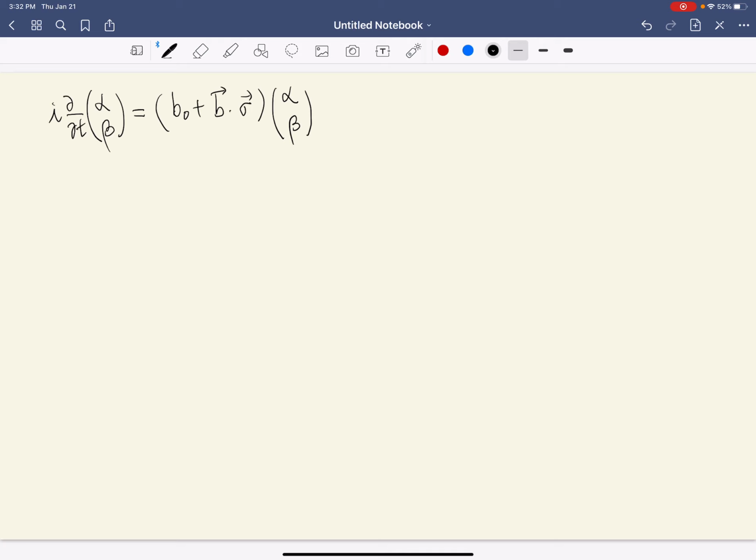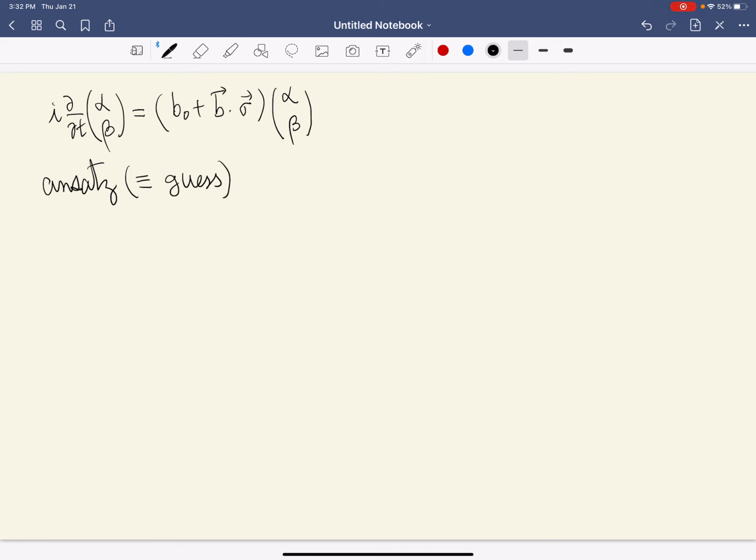But this is nothing but a rewriting of the two-level Schrodinger problem. So far, I haven't made any progress towards its solution. But now, in order to solve this problem, I'm going to make an ansatz. Ansatz is a German word for basically a guess.